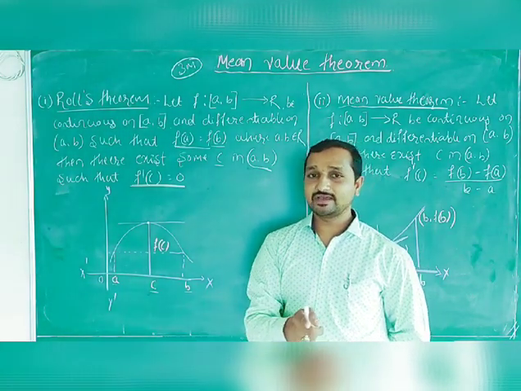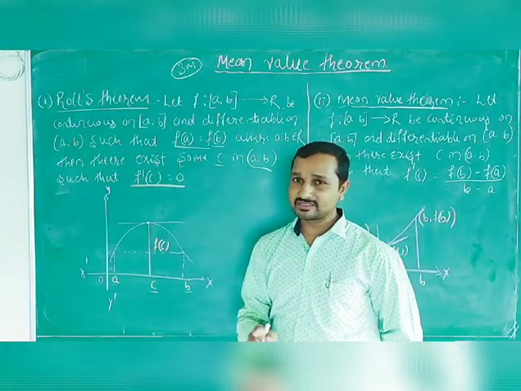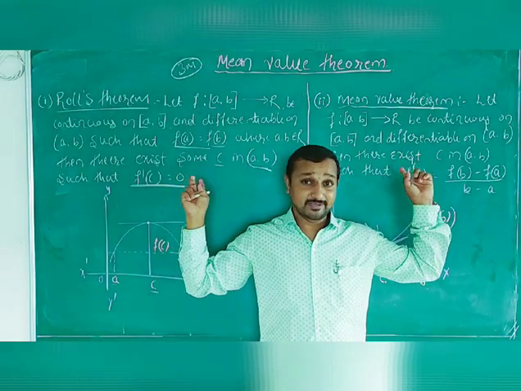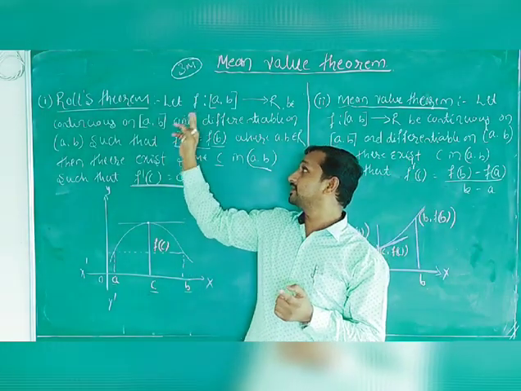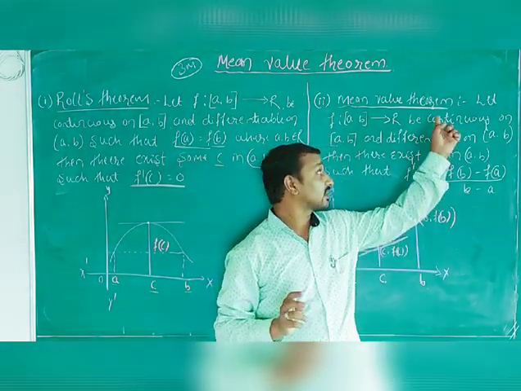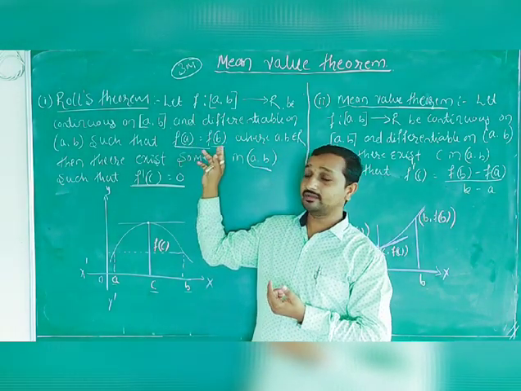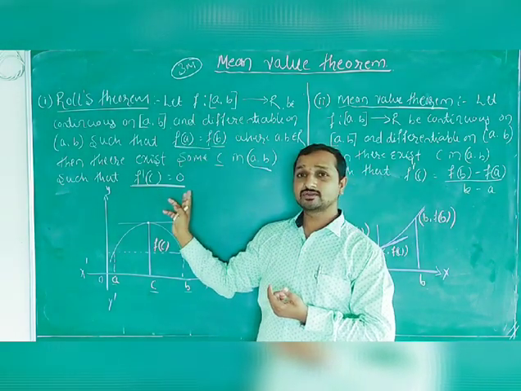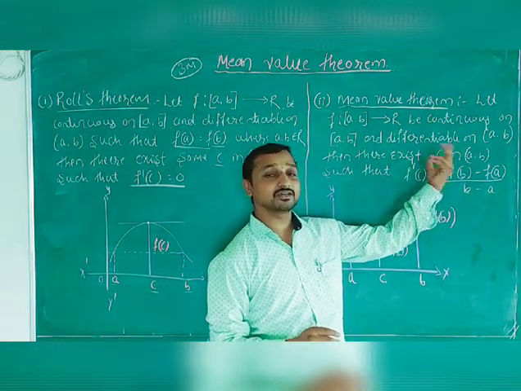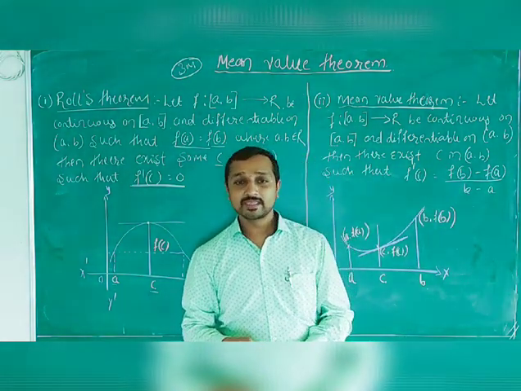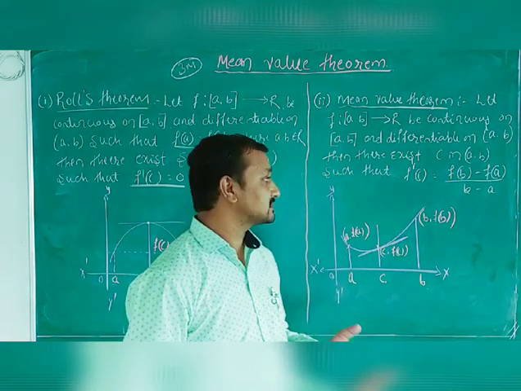First of all, read the definition. Rolle's theorem and the mean value theorem have the same definitions: continuous and differentiable. Here f of a equals f of b, then we apply f dash of c equal to 0. Here directly we can apply f dash of c equal to f of b minus f of a divided by b minus a.